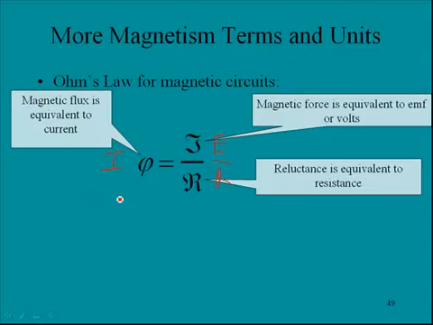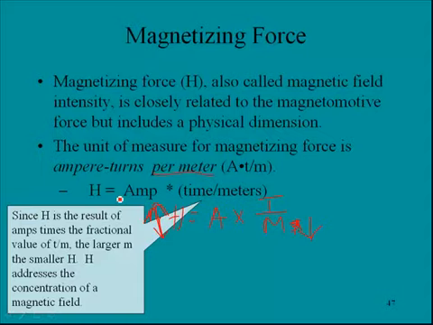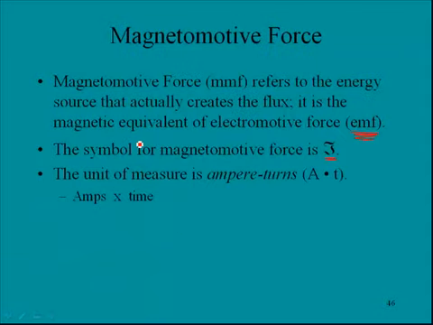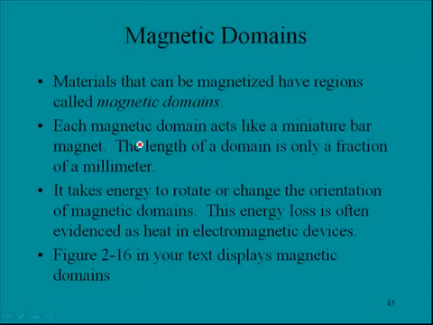Okay, we looked at magnetizing force, which is the symbol H, and the important thing about magnetizing force is it brought in the factor of area, in this case meters, and so the smaller the area, the greater that force. Then we looked at magnetomotive force, and this was just amps times turns, and it was roughly equivalent to EMF.